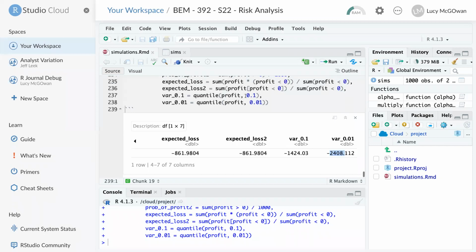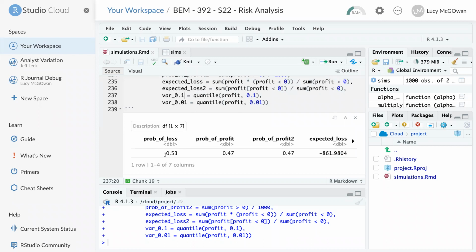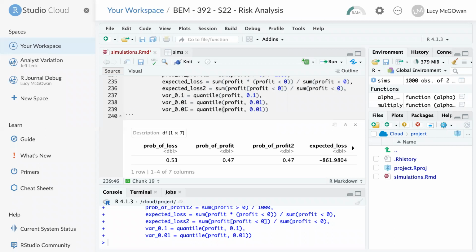Yeah, so the value at risk is always going to be assuming that it's on the left side of your distribution. Yes, but you could, if you needed to. You could imagine a scenario where we know that if we set this to something bigger than 0.53, then it's going to be positive.